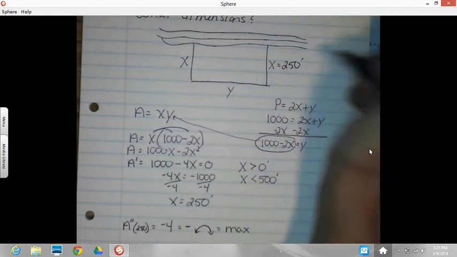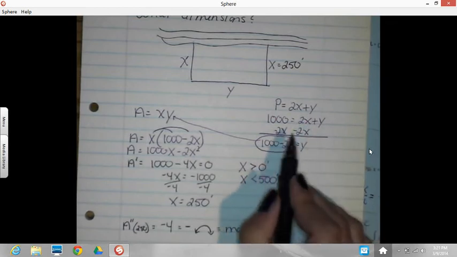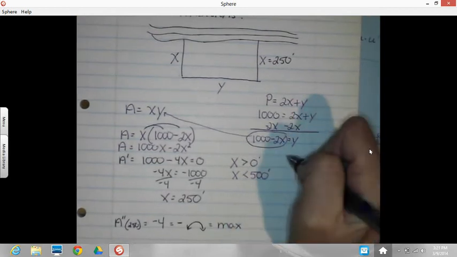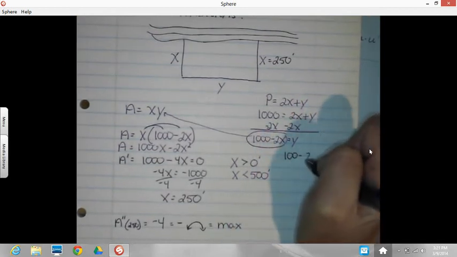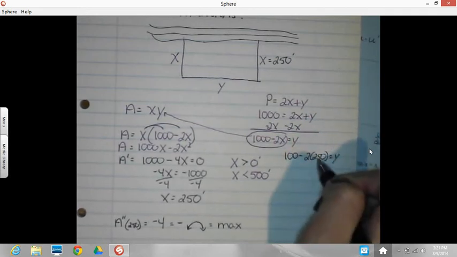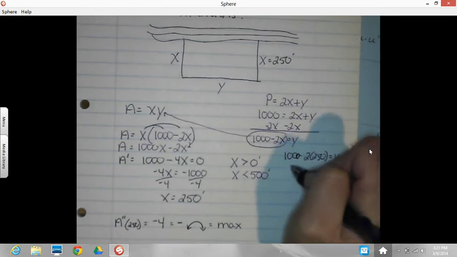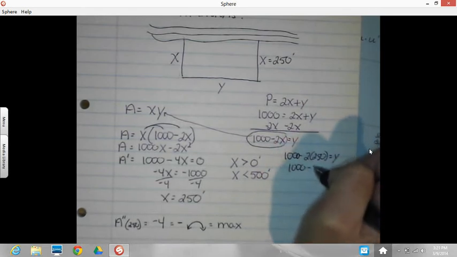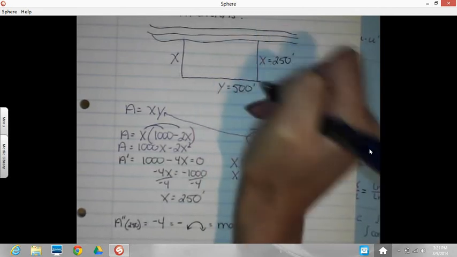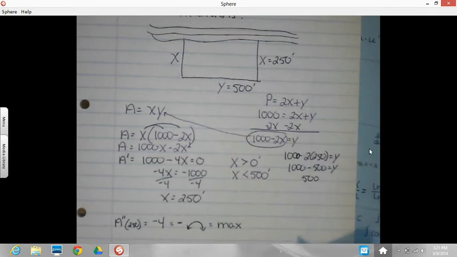I can substitute back in to get the y: 1000 minus 2 times 250 equals y. So 1000 minus 500, I got 500. So I've got a 500 foot by 250 foot rectangular corral that will maximize the area with that constant fencing of 1,000 feet.